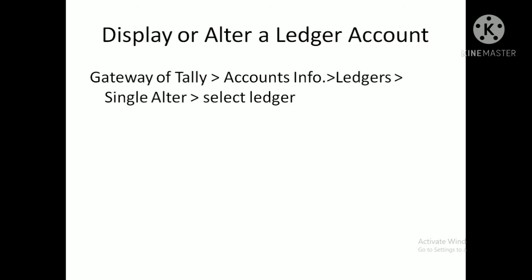Then whichever ledger you want to view, just select that ledger. Then you will get one screen, the display screen, from which we can alter the ledger. After altering we should accept by pressing yes.